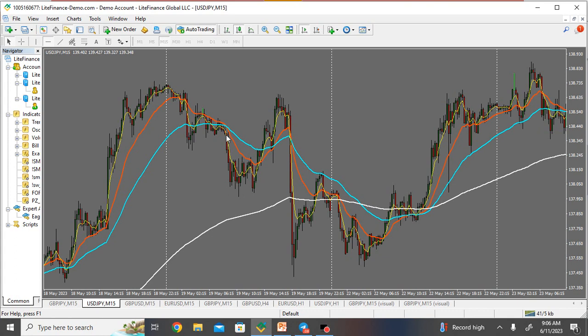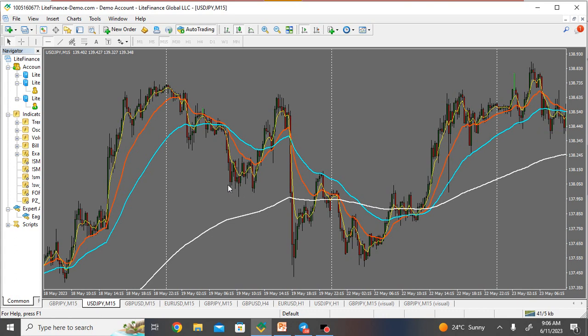This was the Asian session, then it made some shifting below. This was a clear entry, but as I said before, you confirm this, make sure that below there is no 50 or 200 EMA.